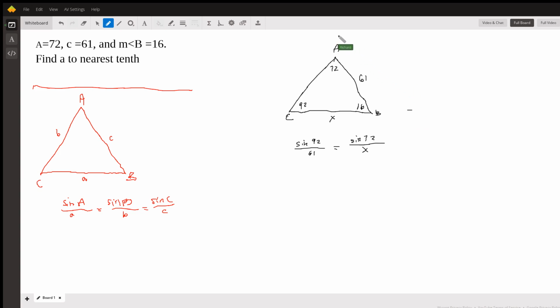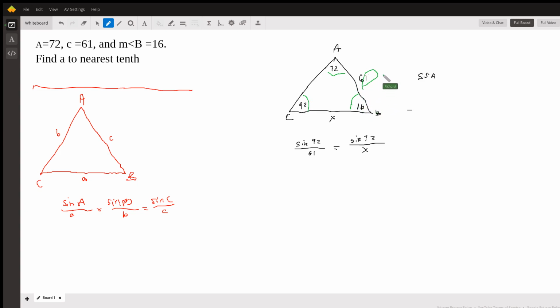Now, before we proceed to solve, you want to be aware of something called the indeterminate form, which means that you can get two answers sometimes if you're in a side-side-angle situation. So let's look at our situation first. Notice that we've been given these angles, and we've been given this side here, 61.